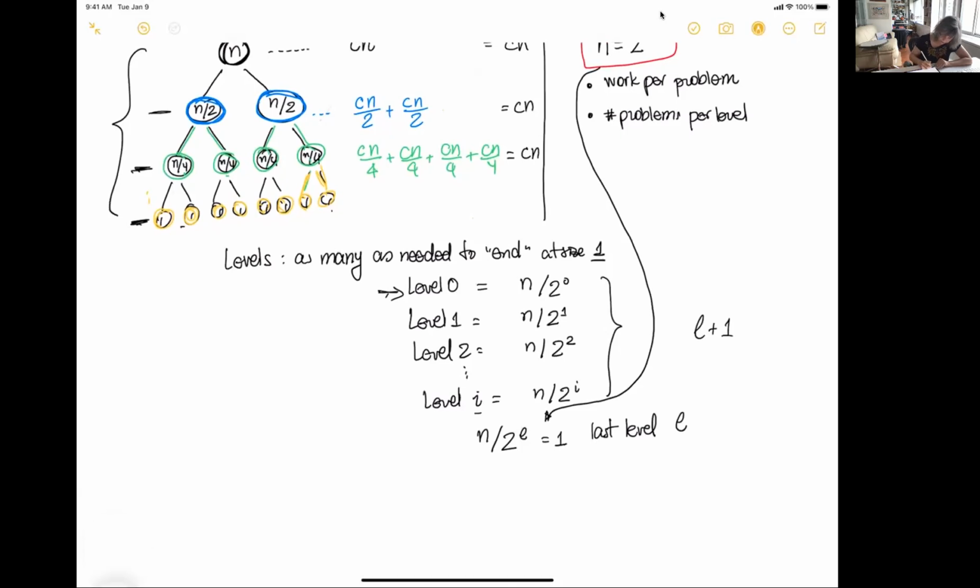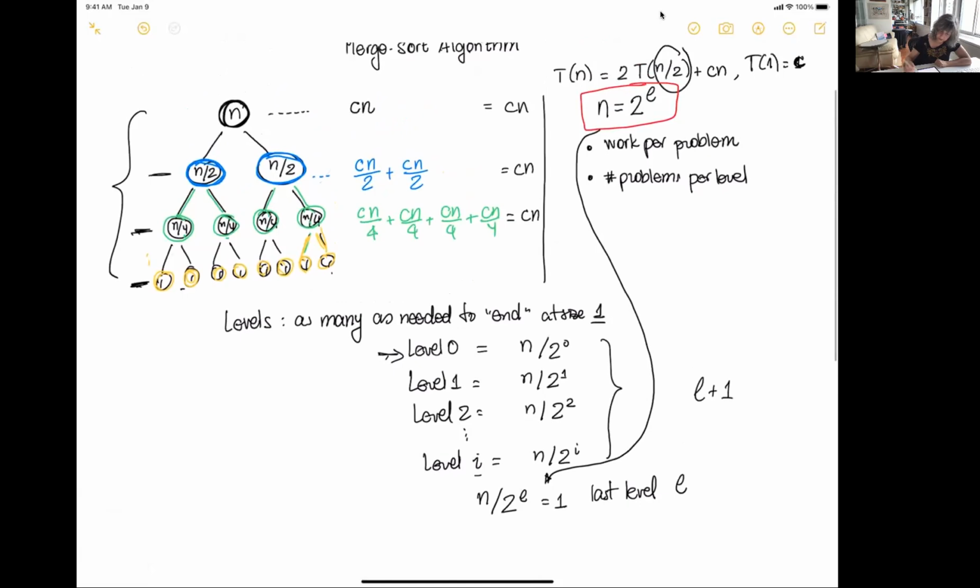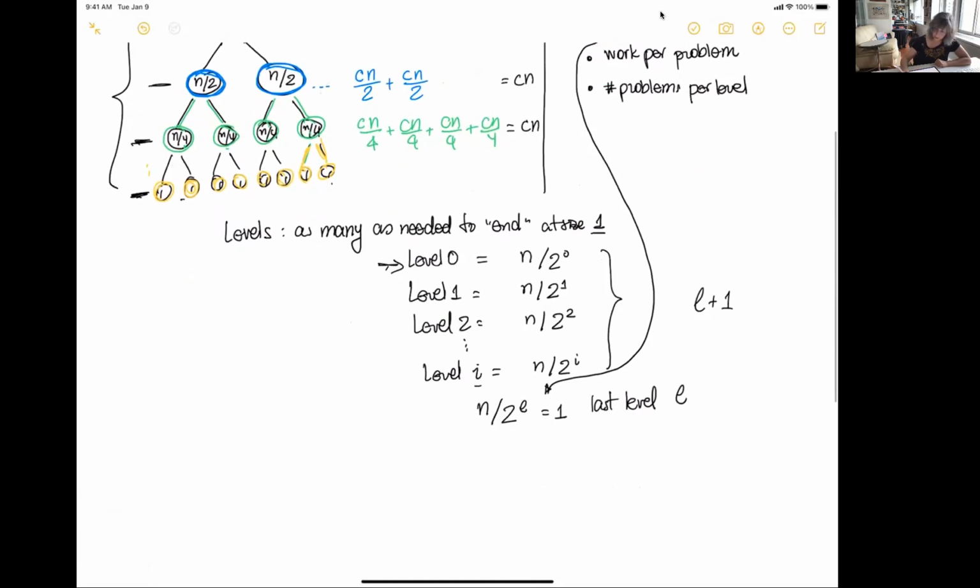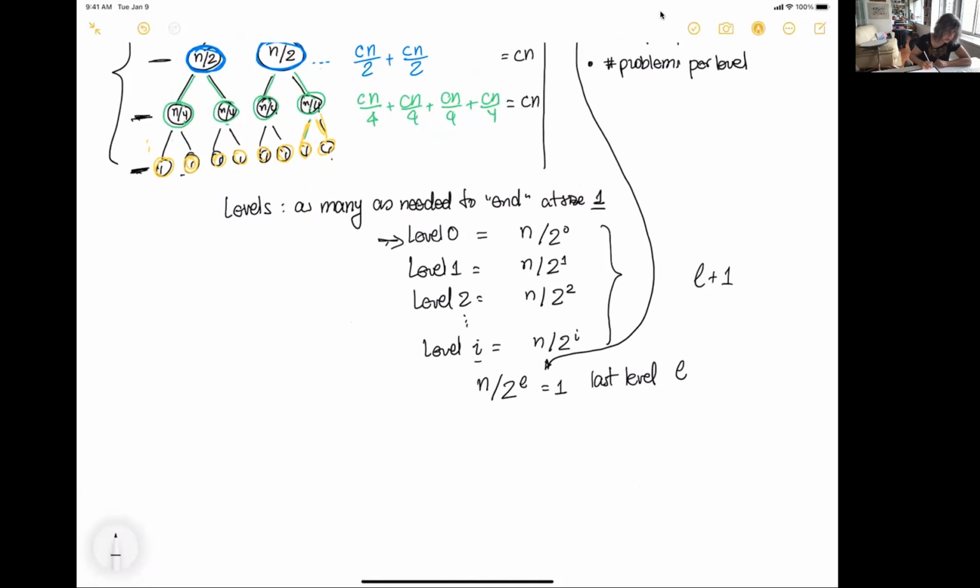We know here that the work per level was a constant Cn, and there are L plus 1 levels. So the final expression for T(n) is that the total amount of work is L plus 1 times Cn.